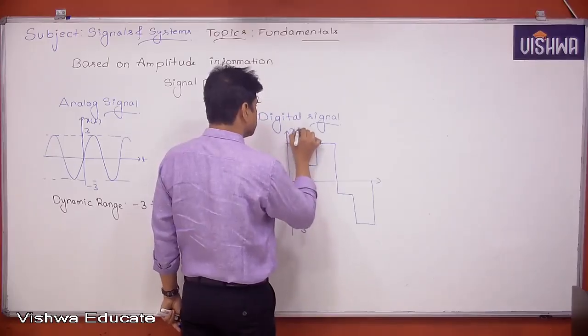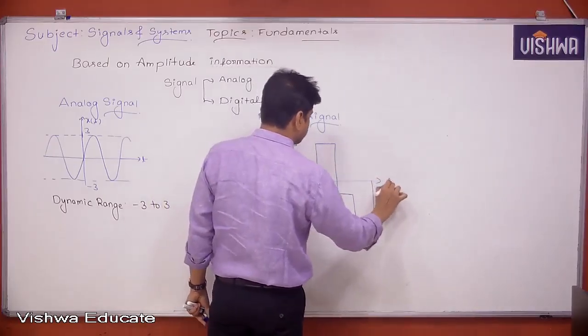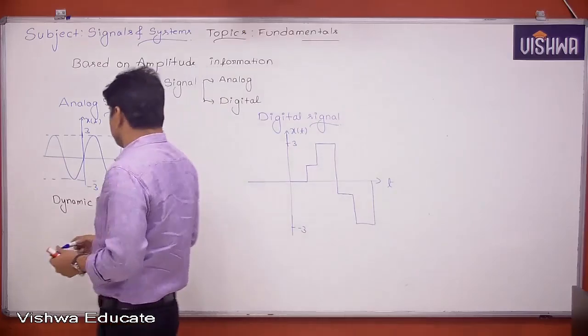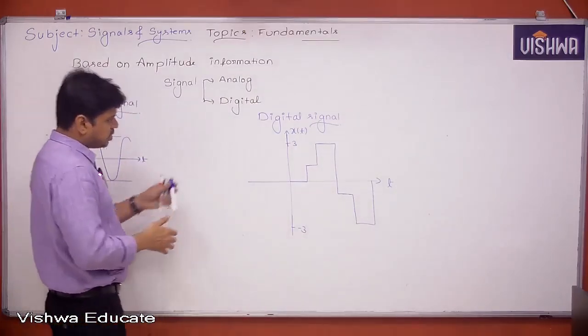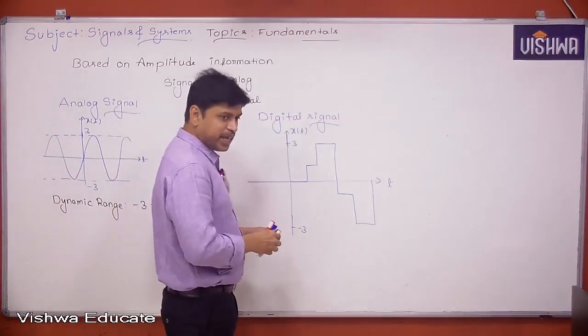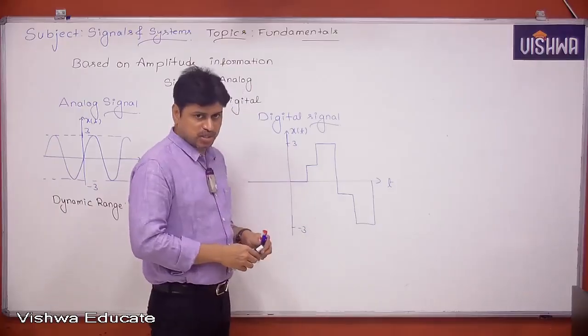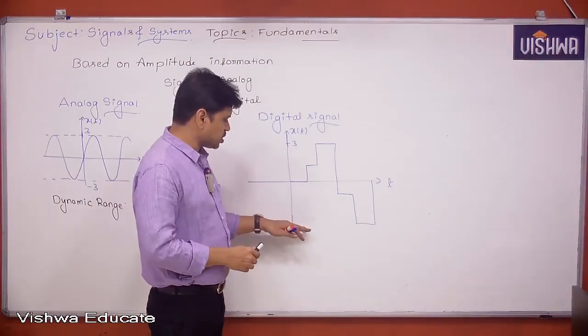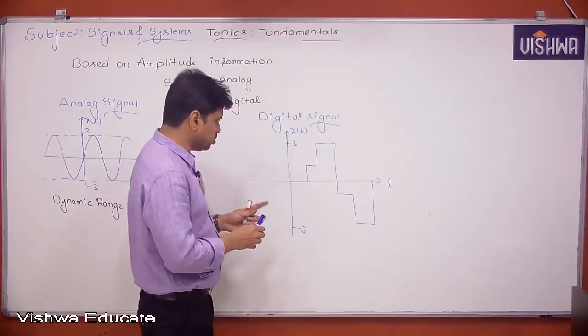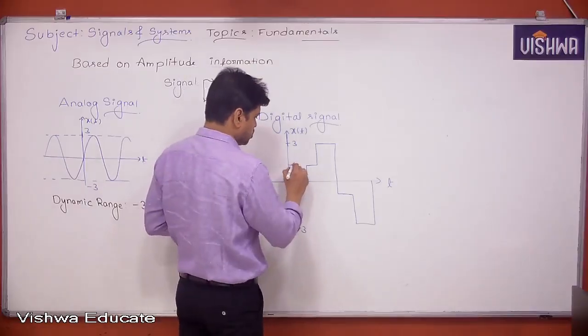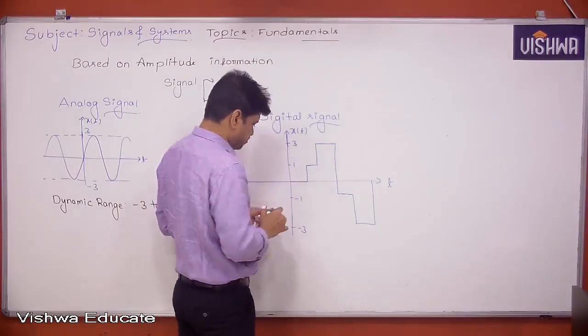This is also another x of t signal, with respect to time only, that I am defining. This is called a digital signal. Here also the dynamic range is -3 to +3, because the lowest value is -3, the highest value is +3, and let's call this 1, and this -1.